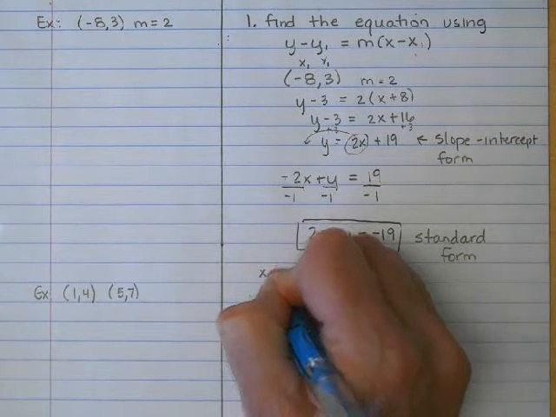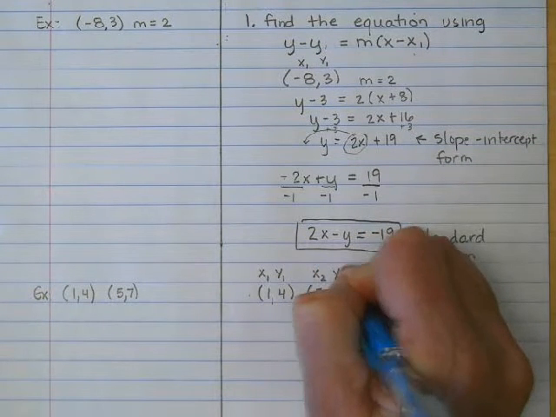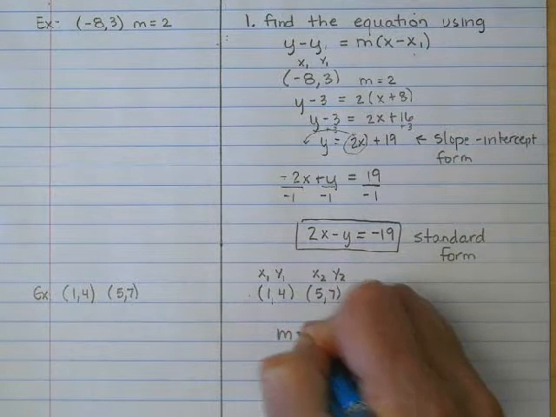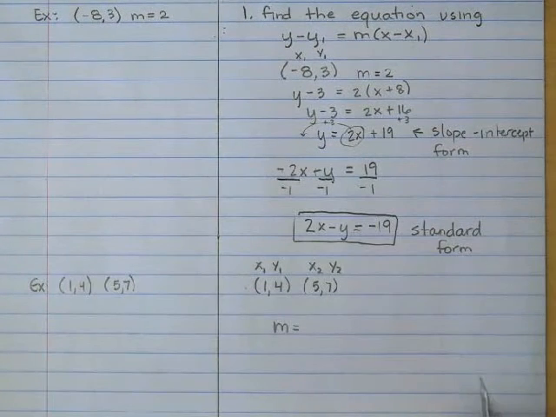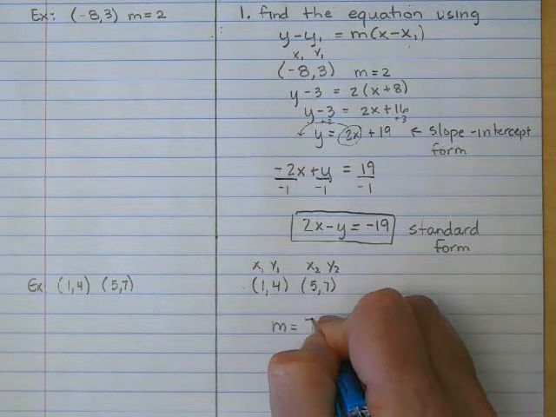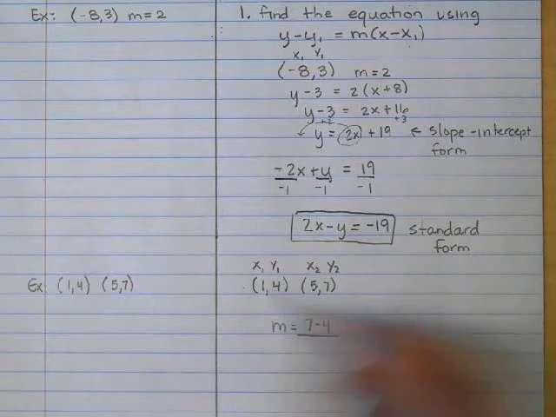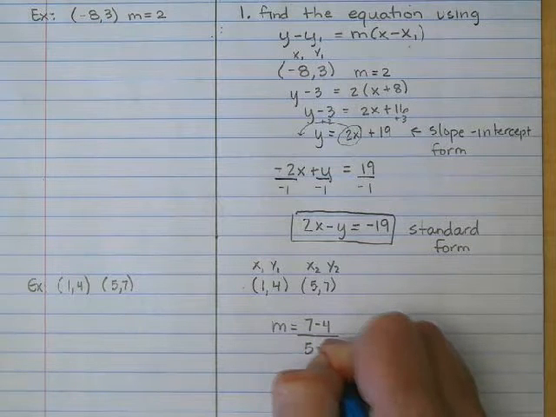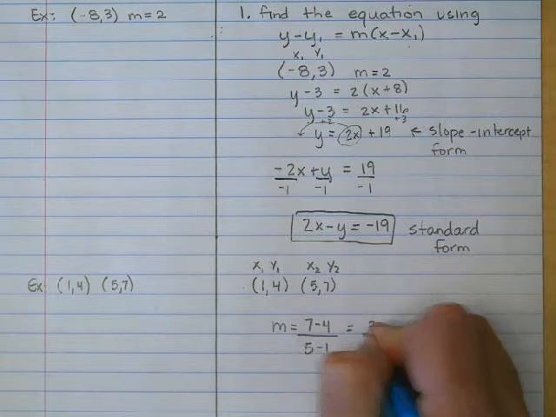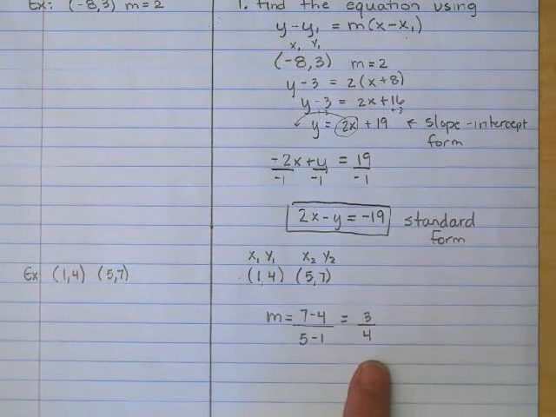Remember, this is x1, y1, x2, y2. So slope equals y2 minus y1 over x2 minus x1. So I get 3/4. And I always want to check to see if I can reduce that.